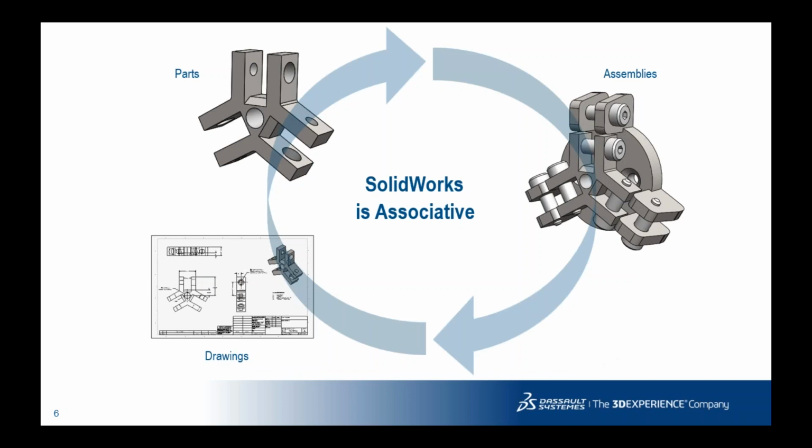So real quick, as part of an overview, most of you who are familiar with SolidWorks understand that SolidWorks has three file types. One in the upper left corner is called parts. Over to the right you see assemblies, which is nothing more than a collection of different parts. And in the lower left corner you can see that we have drawings. And drawings can be of parts or assemblies. The key thing to remember though is that SolidWorks is associative across all this engineering data.